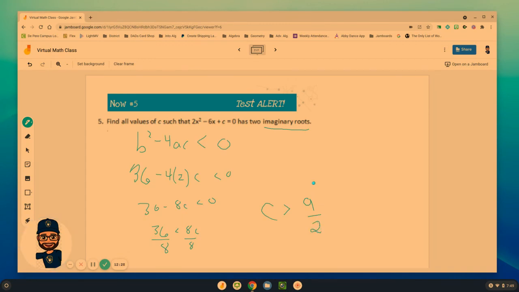So c would have to be any number greater than 4.5 for us to have two imaginary roots, to have this negative discriminant. And so we can, again, use this discriminant to help us find values that fit certain quadratic equations and give us a certain type of solution we are looking for.